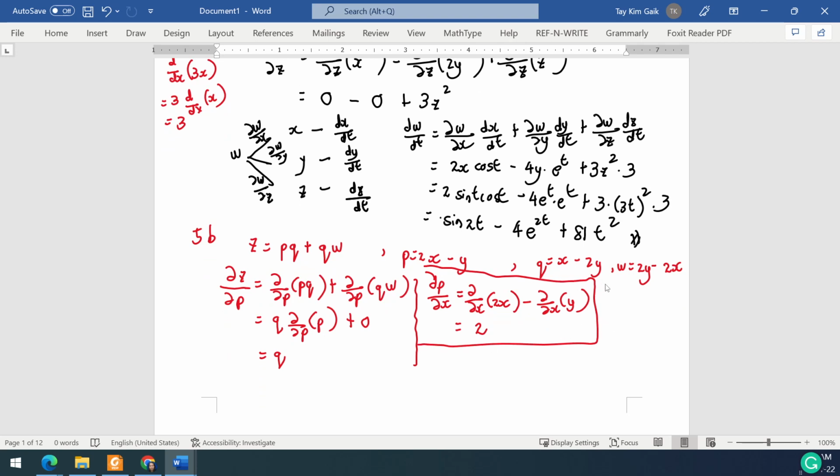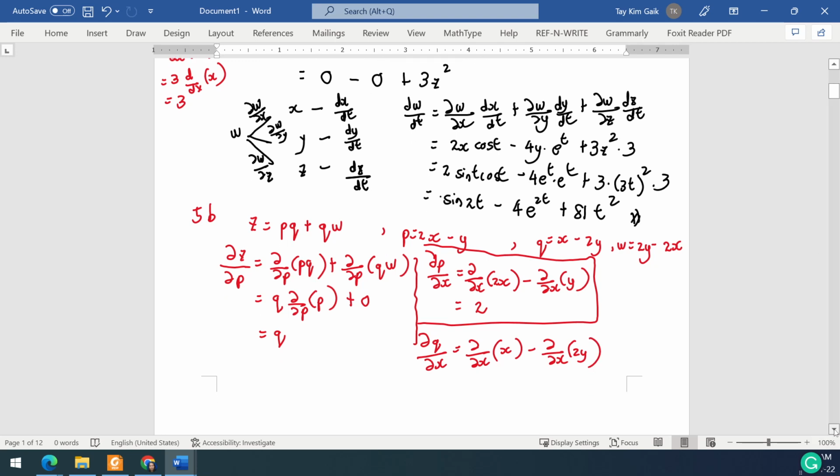Okay, so q here you can do. You want to do del q del x. You del x each term, del x of x, and then del x of 2y. When you practice a lot, then you can quickly get the answer like this one.